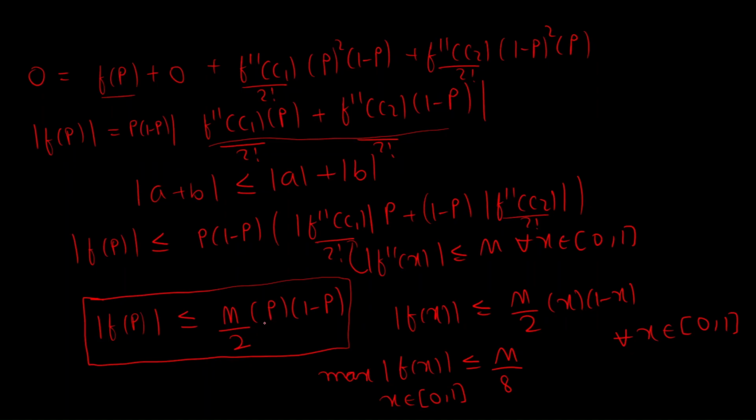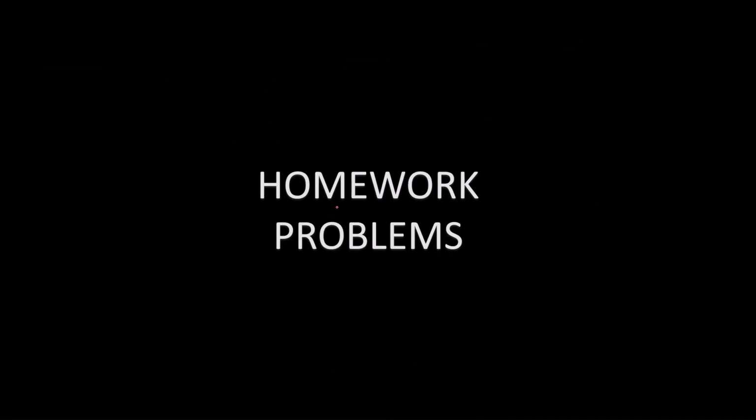Now we can also easily see that when p is something like 1 by 2, you'll have M by 2 into 1 by 2 into 1 by 2, which will give you M by 8, which is nothing but the maximum value of this quadratic. So therefore the maximum value of this modulus of f of x will always be less than or equal to M by 8. They could also frame the question in this manner to make it look scarier, but our idea would be the same, to use Taylor theorem and get till here.